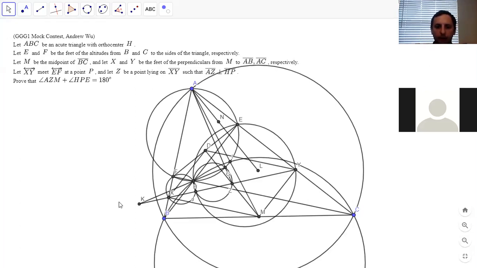So you said earlier that K, X, Y, and H are in harmonic conjugation. Or K, X, Y, and J. And we know Z is the midpoint of XY. So that means KX times KY is KJ times KZ, right?